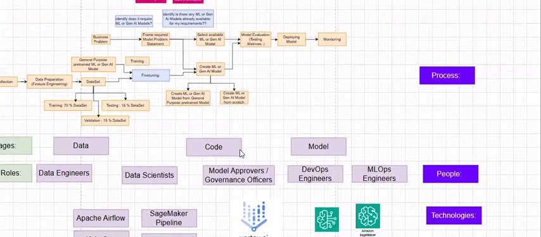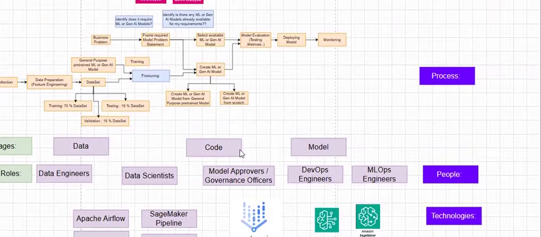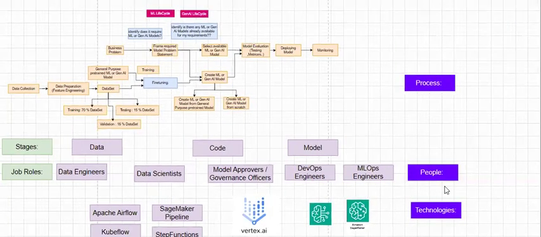So this is the top level view of the ML lifecycle, which involves these people, and the implementation of these processes by these people. On top of that are the technologies, and these are just some examples; in real time we might have a lot of technologies. By using these, these people implement this ML lifecycle. So this is an overall in-depth overview of the ML lifecycle or GenAI model lifecycle.